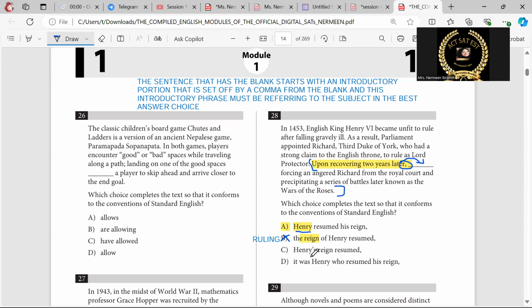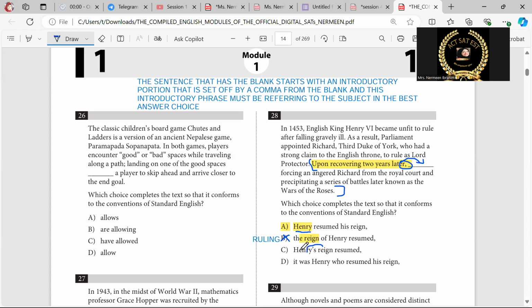Letter C, what is the subject in letter C? Henry's reign resumed. The reign, because apostrophe S means it's an adjective for reign. So Henry's reign. Don't assume that this is Henry.